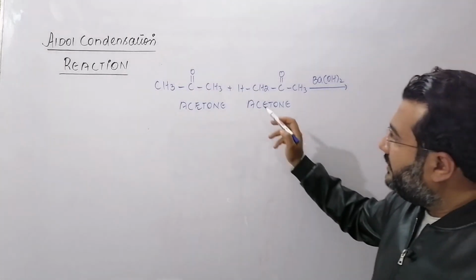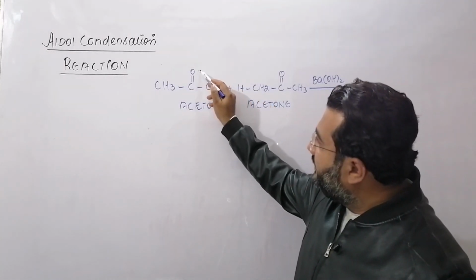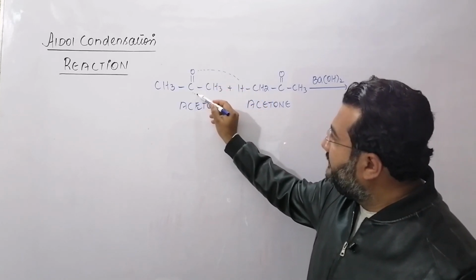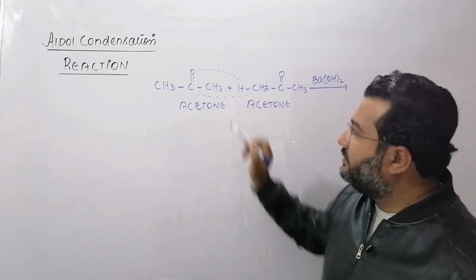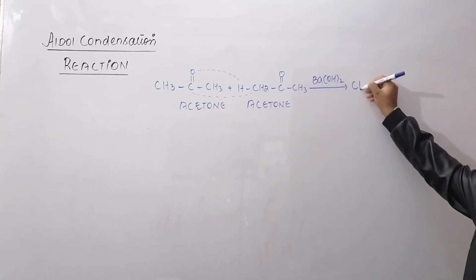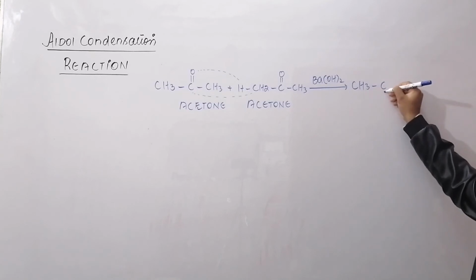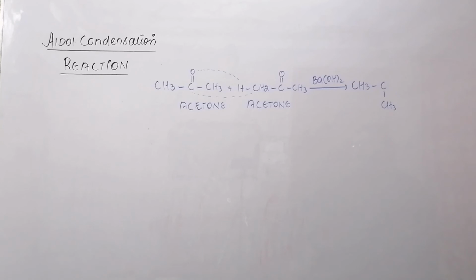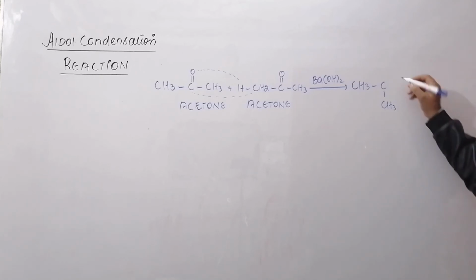And dear students, now again the alpha hydrogen of one ketone will be added to the oxygen, and the alpha carbon will be added to the carbon of the carbonyl group. As a result, you will have to write down the methyl out of the chain, because methyl does not adjust in the chain.